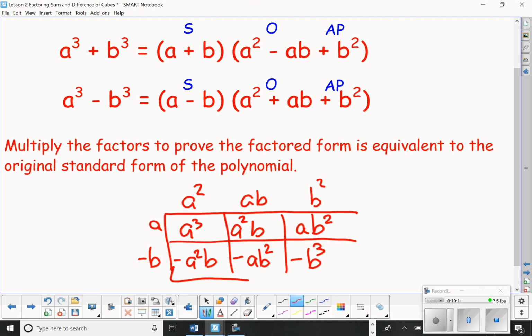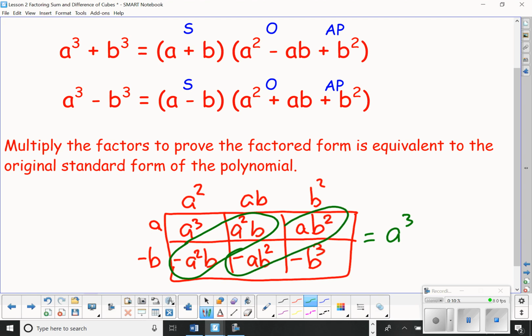Now, I've got to add everything together inside the box. So I've got an a cubed. And then I've got minus a squared b plus a squared b. That makes a big 0. Minus ab squared plus ab squared is another 0, leaving me with minus b cubed.